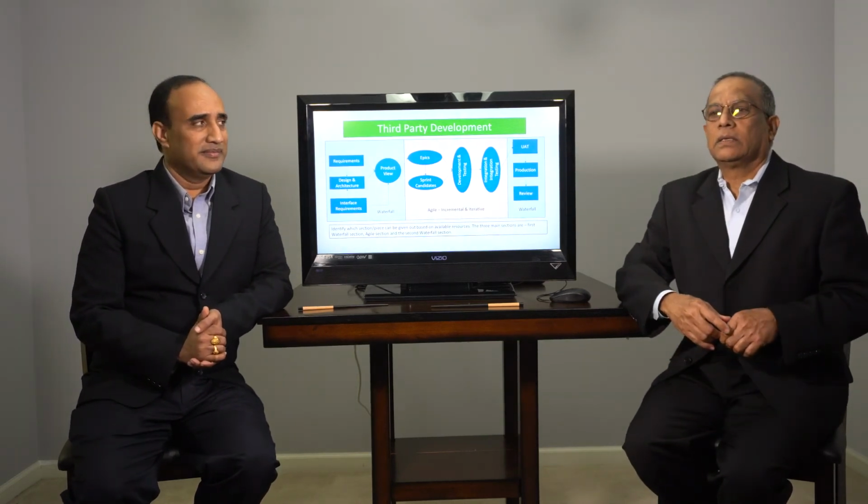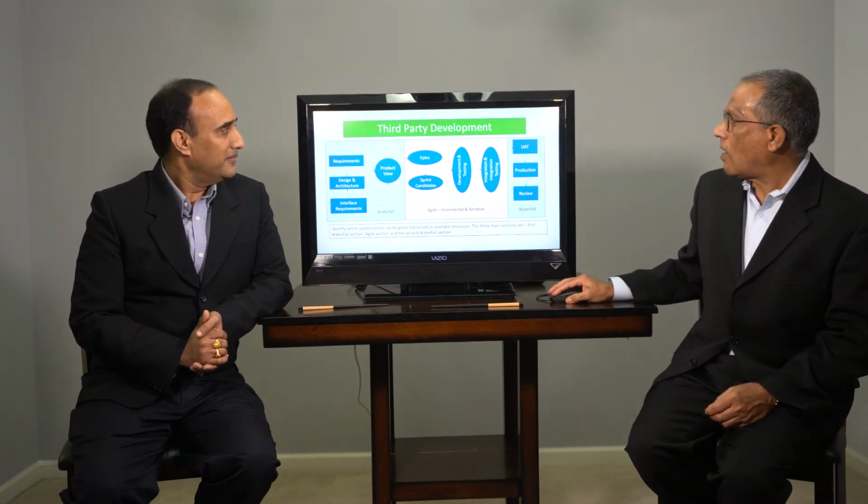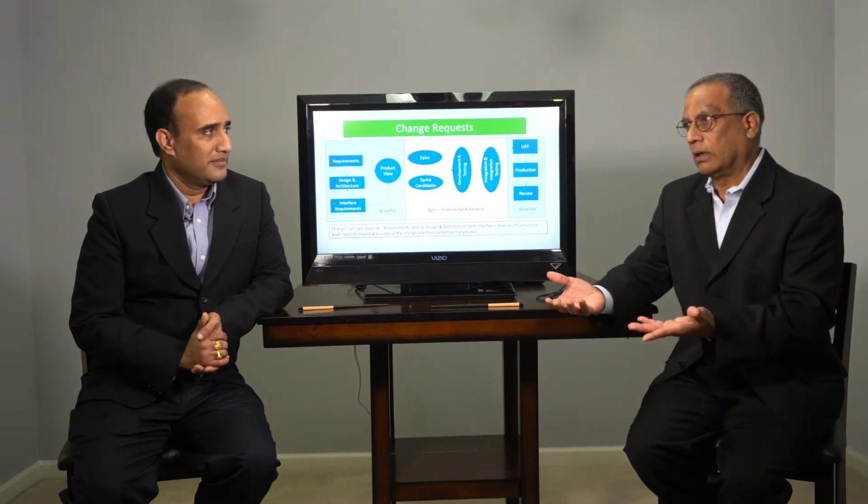So how does this model support change requests? Yeah, it will support all sorts of change requests. The change can come from a requirement change, a new enhancement, or a defect, an infrastructure change, or security change, security rules, or any change, right? By looking at that, when the change comes, you can identify where the change is coming from. If it is a requirement, you can see that's where it is coming from.